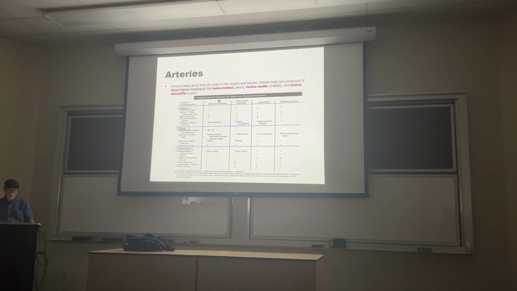Here are some of the differences between the elastic arteries, the muscular arteries, the arterioles, and then a little bit of metarterioles. What is an arteriole versus a muscular artery? It's basically an arteriole is the smallest of the muscular arteries, but we subclassify them as arterioles.